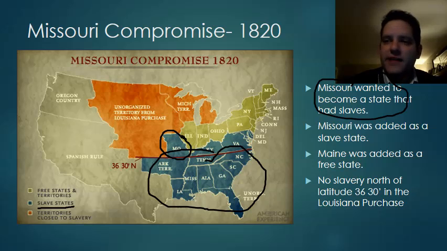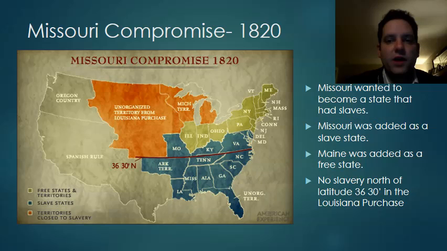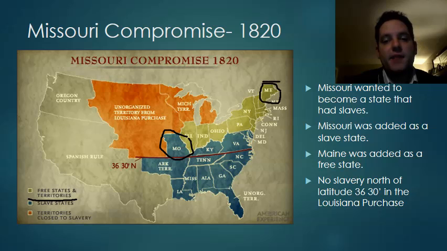But in order for that to happen, the compromise was that when Maine became a state, it was what? It was free. So the compromise was Missouri became a slave state, but Maine became a free state. So get it? Missouri and Maine.